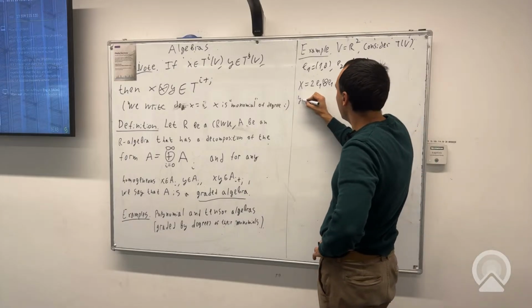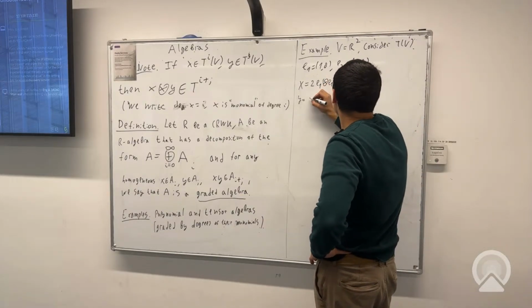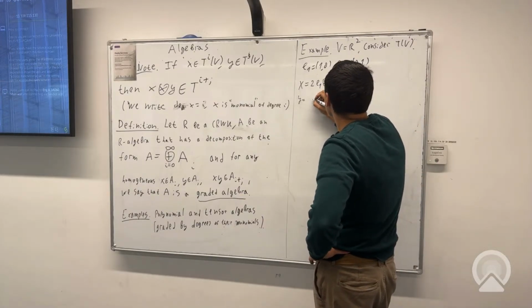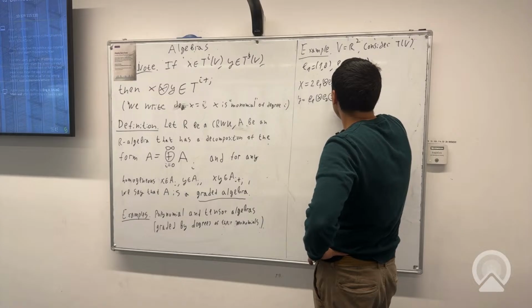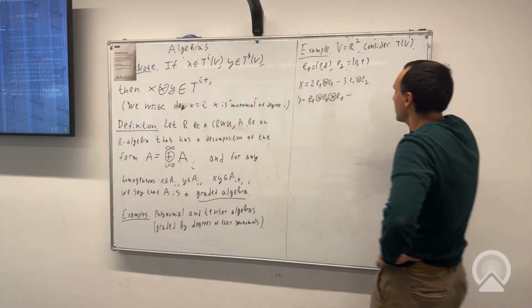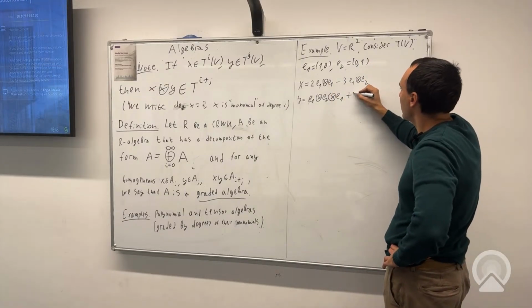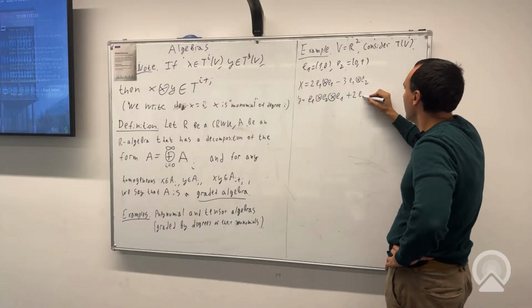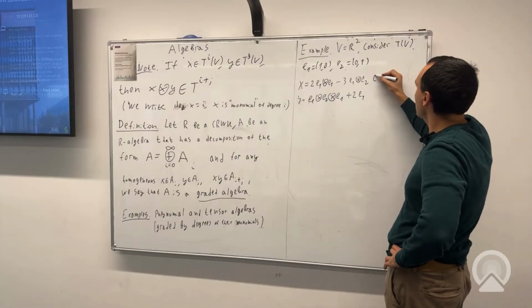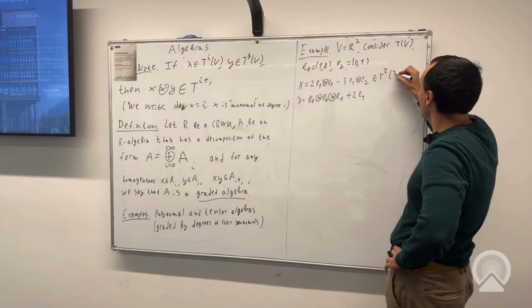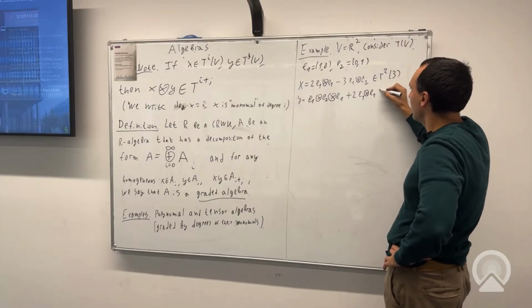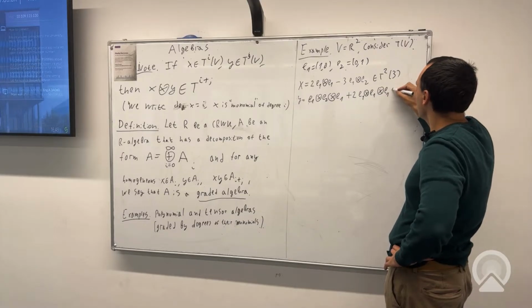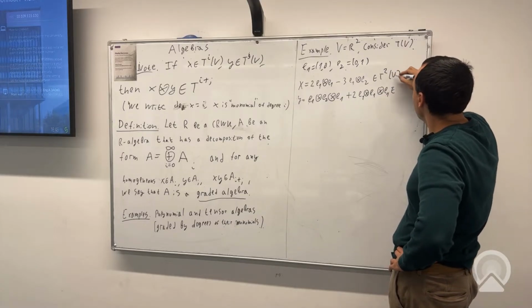And Y is 2 times E1 times E2 times E1, plus 2 times E2. This first term is in T2, this one is E1 times E1, which is in T3.